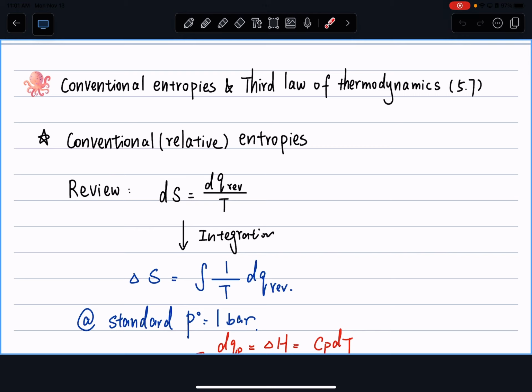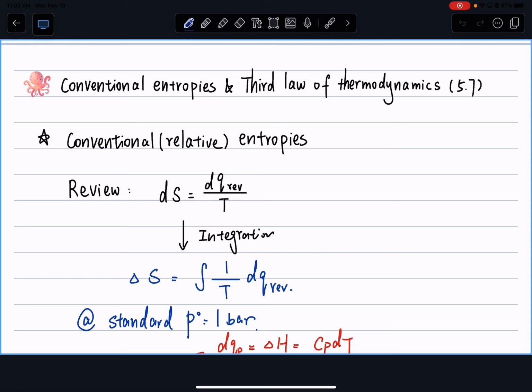At the end of our last lecture, we quickly introduced the idea of conventional entropy. Unlike enthalpy or internal energy, it is easy to define those properties for a specific state. Now, when we're talking about entropy, if you remember the definition from the second law of thermodynamics, dS equals the differential of reversible heat transfer over temperature.